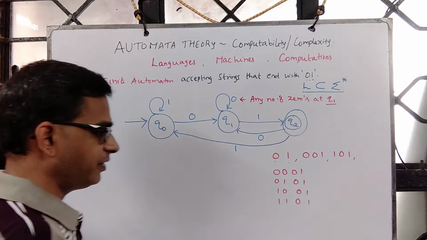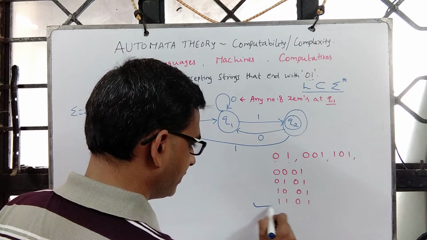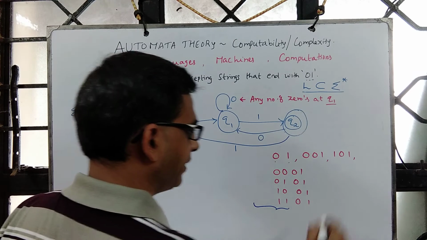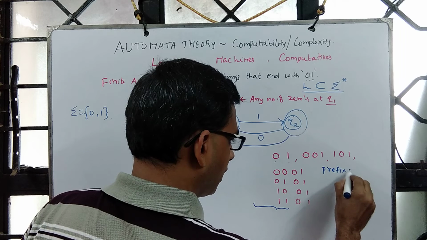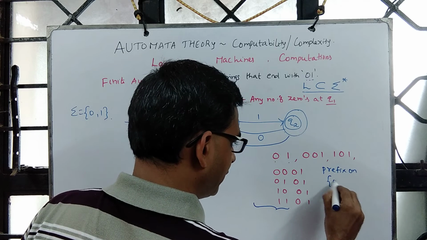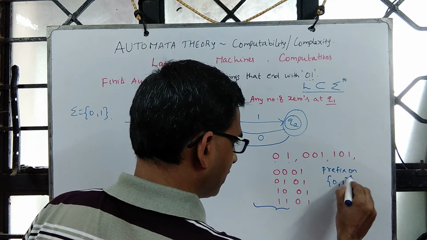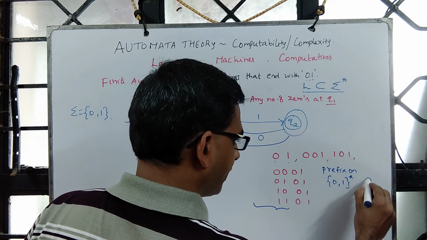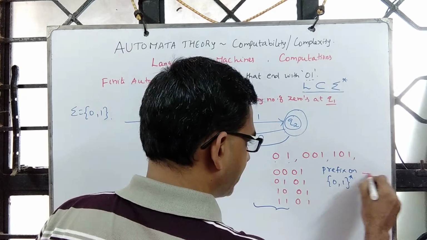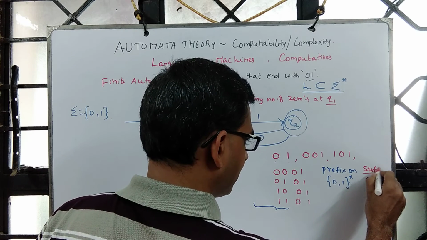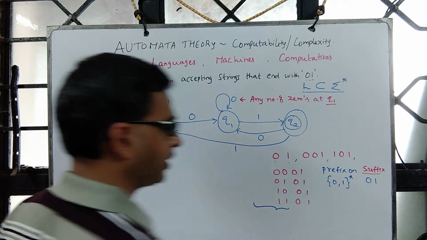But there is a succinct way of writing this part. So what are we saying? Prefix on 0, 1 star followed by 0 1. This is my suffix. Suffix is fixed. It says it has to end with 0 1.